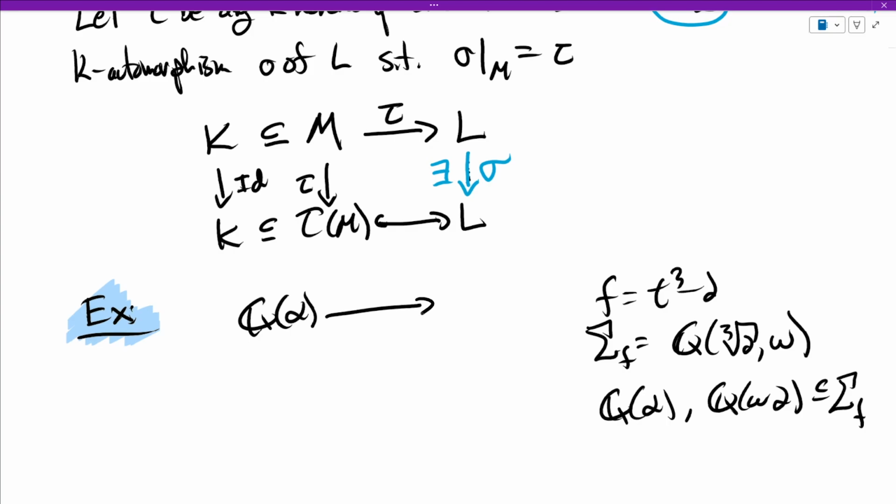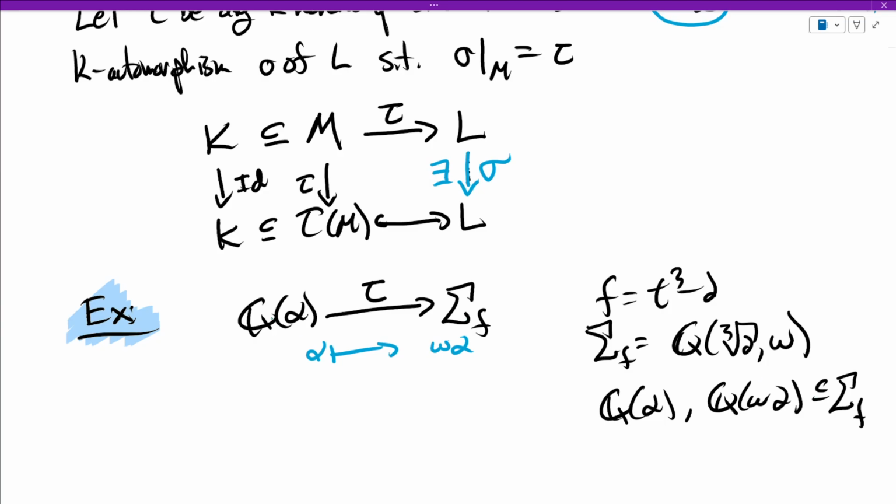There exists a mapping tau here that takes alpha to omega alpha. This is just the isomorphism from Q adjoin alpha to Q adjoin omega alpha that you did in the very first homework and that we've seen again and again. I'm just saying do that isomorphism, then include into the splitting field of F.